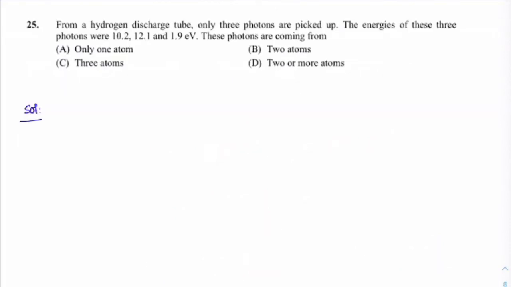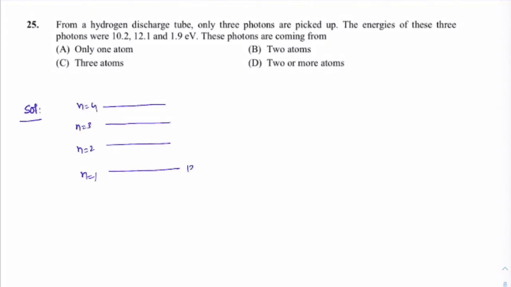See the next question here. Now the question says, sir, there are 3 photons which were picked up from the discharge tube, which are 10.2, 12.1 and 1.9. Which means, suppose these are all the shells or energy levels, n is equal to 1, n is equal to 2, n is equal to 3, n is equal to 4.